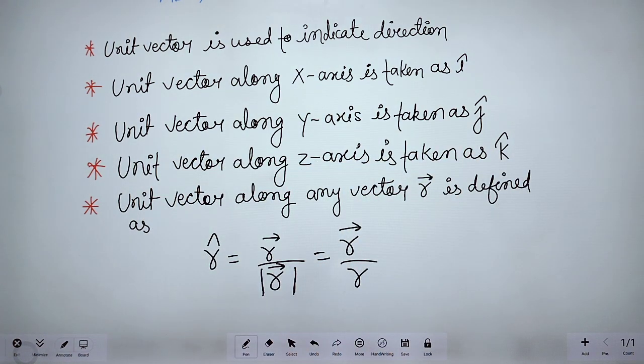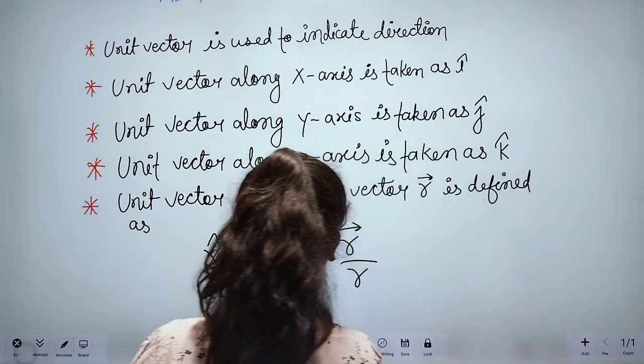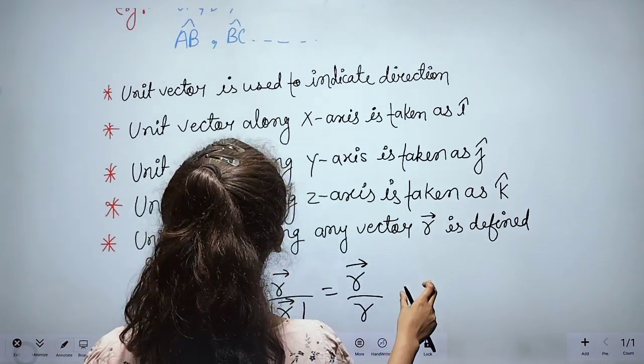So this is about the unit vector along any vector. Like r vector is defined as what? R cap is equal to r vector by r vector mod, that is r.